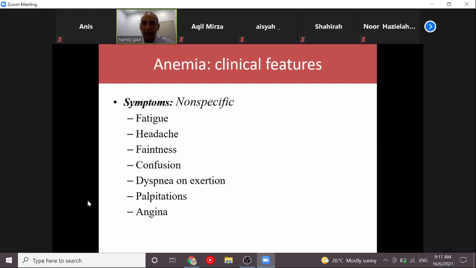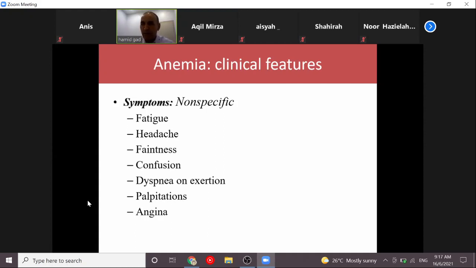That's why the symptoms are non-specific most of the time, like fatigue. When there is less oxygen to the muscles and bones, the patient will feel tiredness, weakness, fatigue. When there is decreased oxygen supply to the brain, they might feel headache, faintness, confusion, loss of concentration.